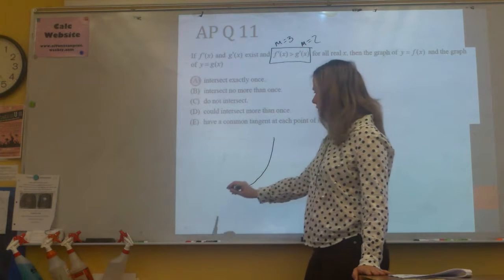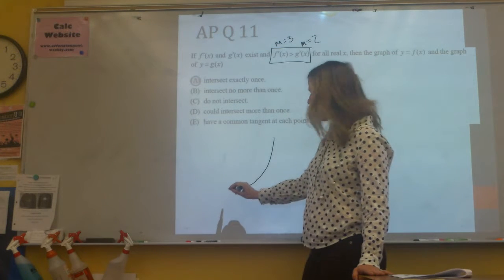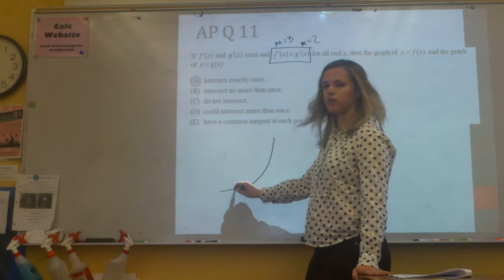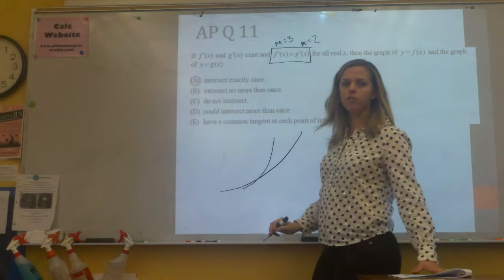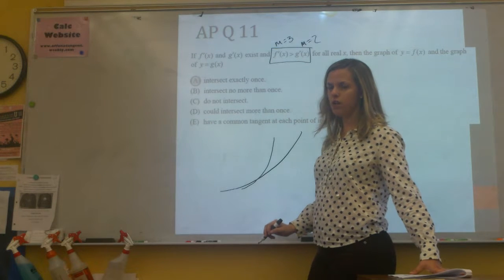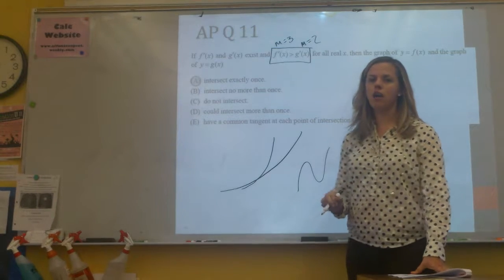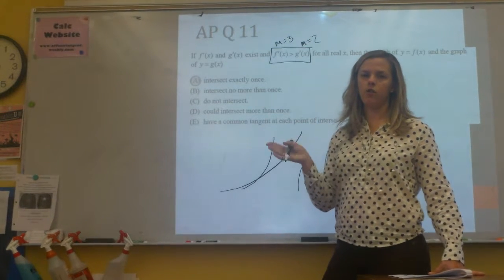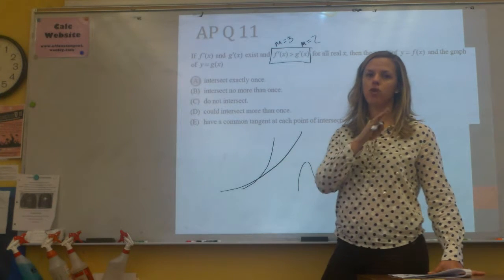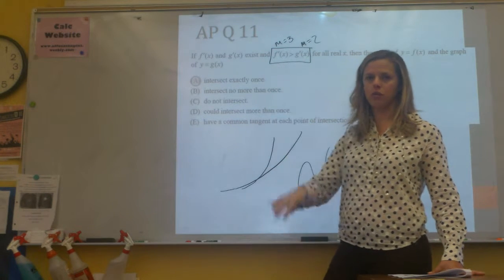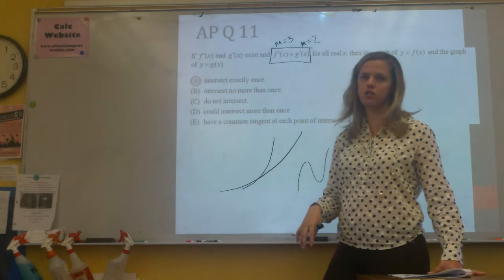If you have another thing that's increasing the whole time but at a lesser rate, it's going to have to intersect more than once. It's a little tricky. But the point is that if you start getting all curvy, you're not going to have your derivative be greater than the other one the whole time. You have to be monotonic. You have to be strictly increasing the whole time or strictly decreasing the whole time.